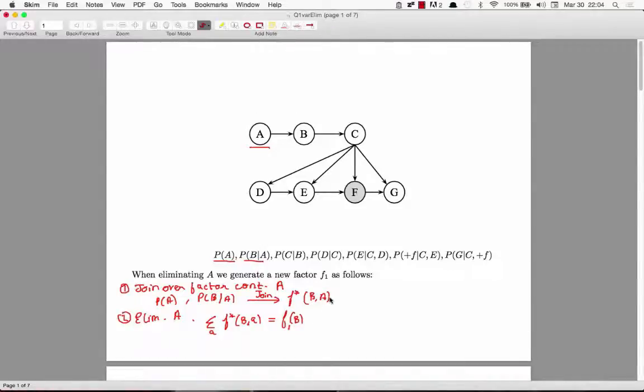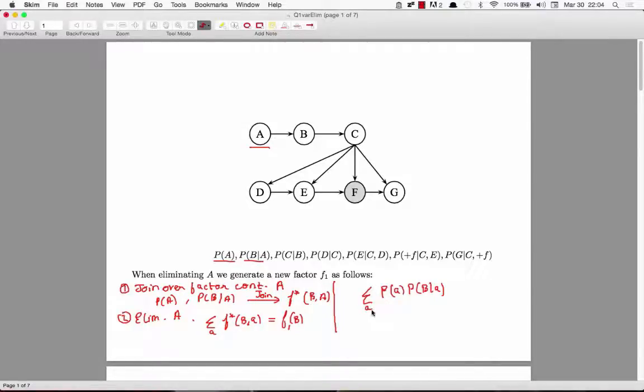Now there's another way to write this which is not explicitly divided into two steps, which just combines this together. If you notice carefully, f star is just a join of these two. So I'll just write this as summation over a of p of a, p of b given a.